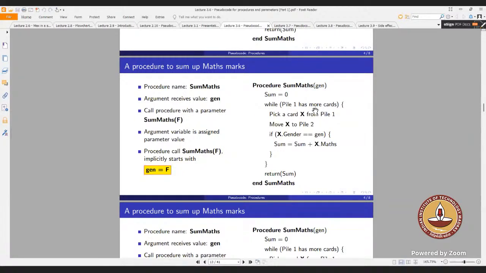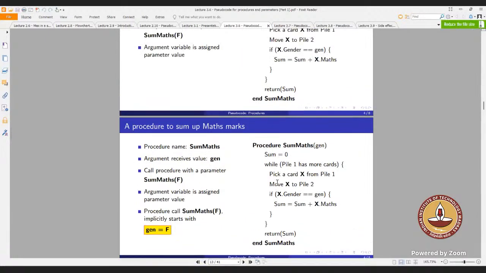So then while writing the pseudocode, we will leave it as gen or we will write F? Suppose you want the procedure, right? The whole idea of procedure is to generalize a code. It can be used for both male and female in this current context. The way we write procedure and the way we call them in the actual main program, right?